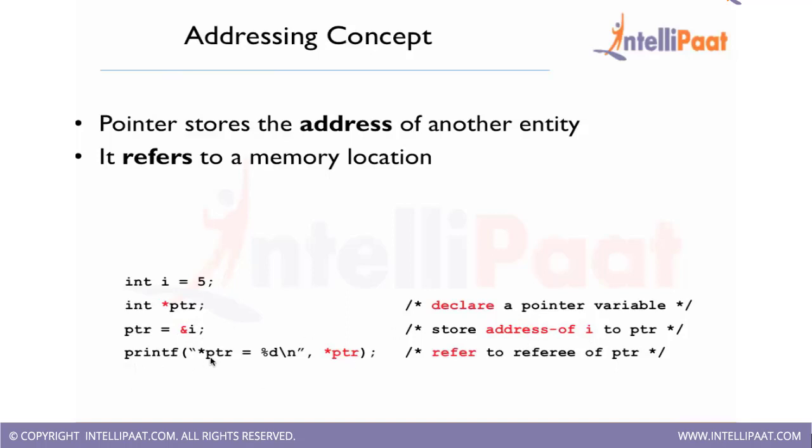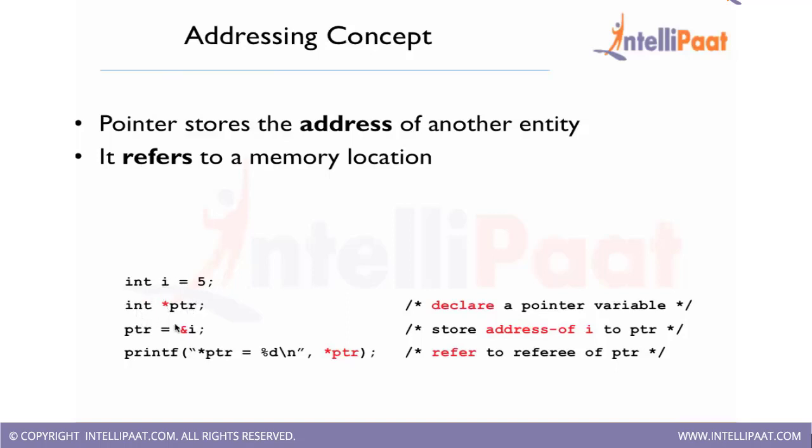If you say printf of percentage d, star ptr, how we interpret star we will see in a later part of this session. But as of now, for our understanding, ampersand represents the address-of operator and star represents the value-of operator.